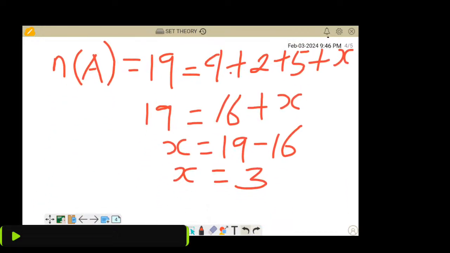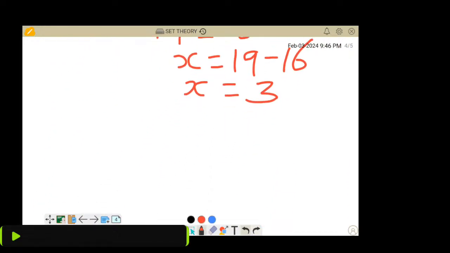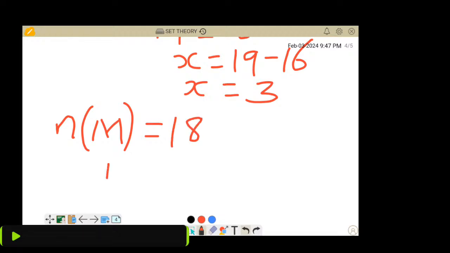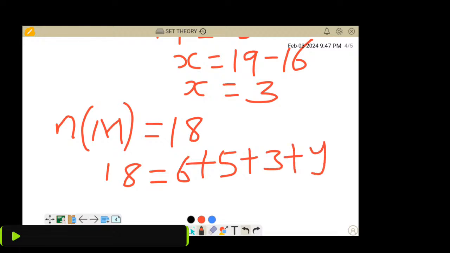You can see the number that pass mathematics, according to the question, is 18, which means we can now say 18 equals all the elements within the circle of mathematics. That will be 6 plus 5 according to the Venn diagram, plus 3, and we use letter Y to represent a portion there.